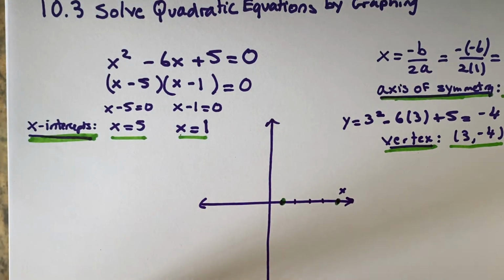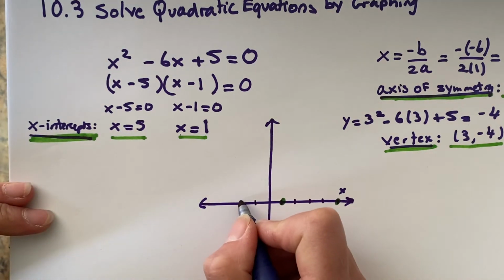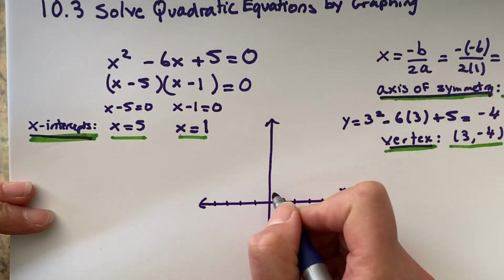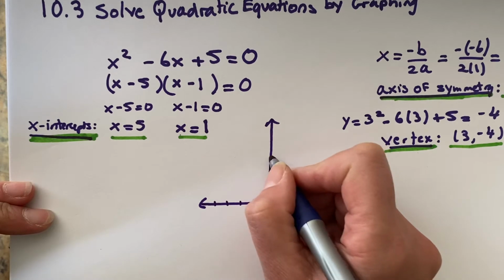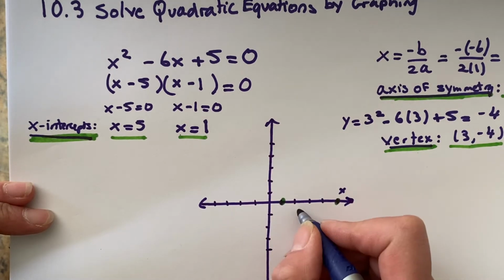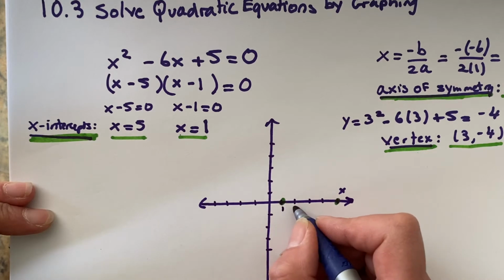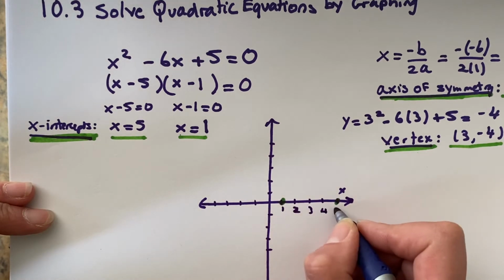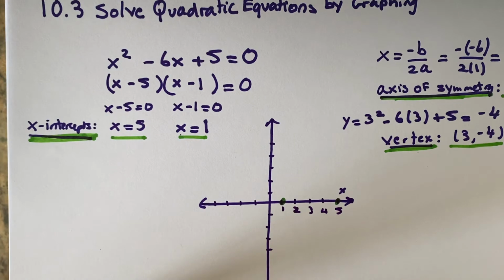Let me label all of this properly. So 1, 2, 3, 4, 5. I also have an axis of symmetry of 3.